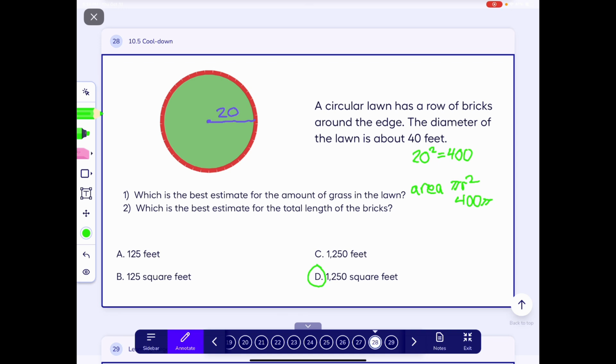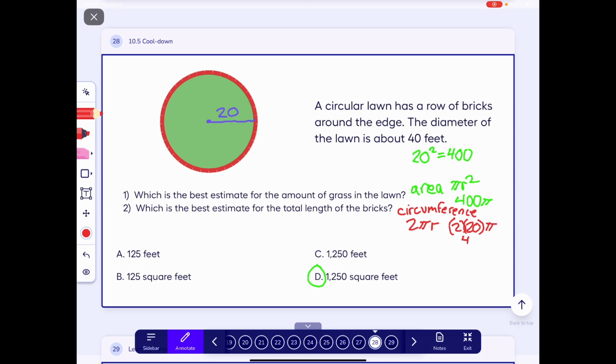And number 2, which is the best estimate for the total length of the bricks? Let's use red for bricks. And that is circumference. Circumference is a one-dimensional measurement, and it's 2 pi r, which is 2 times 20 times pi.